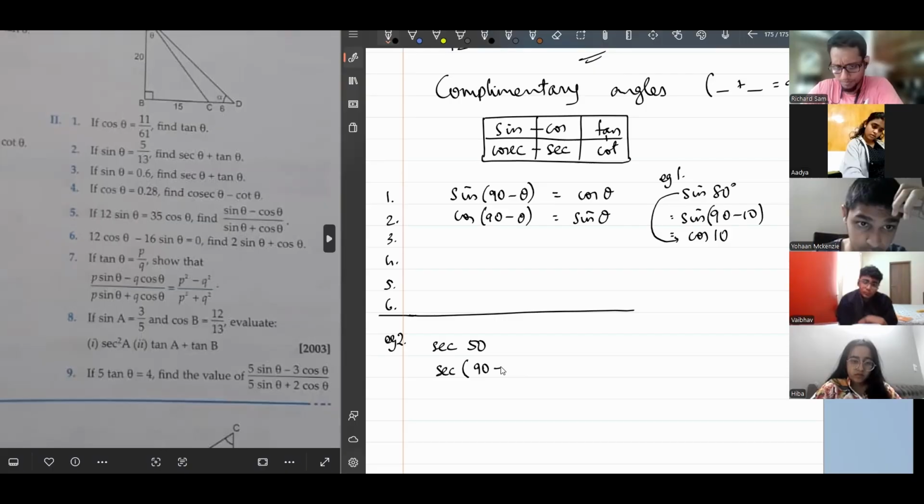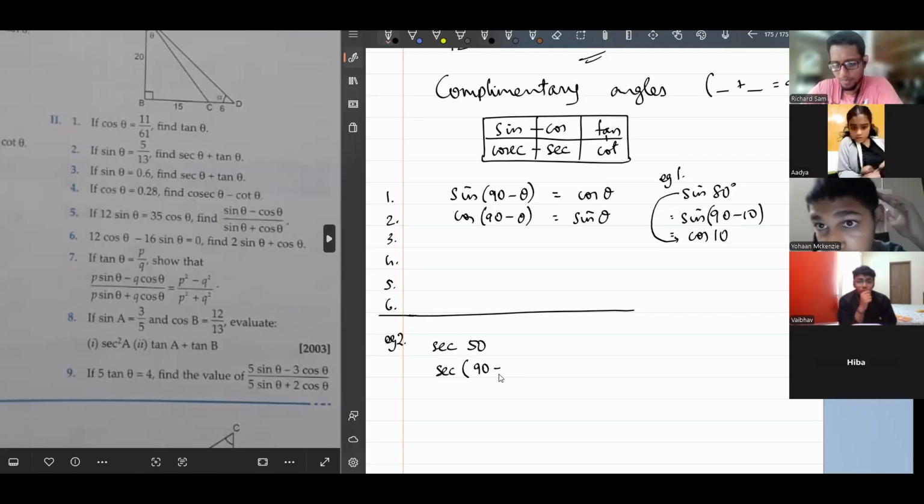Hiba, tell me, what's the next step? Sec 90 minus theta will be cosec theta. So sec 50 will be written as what?